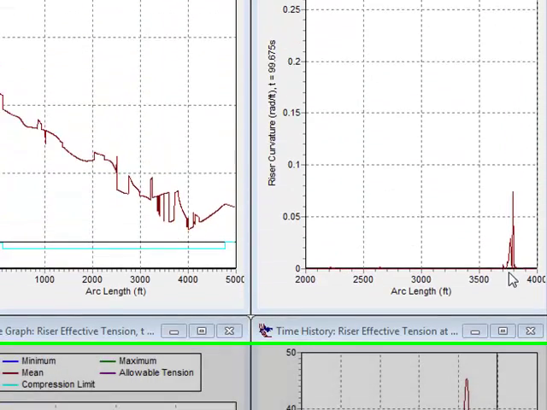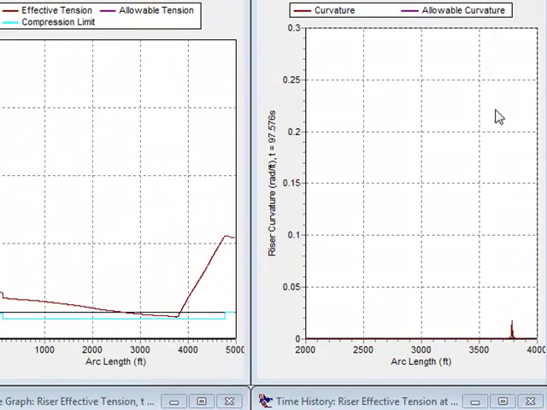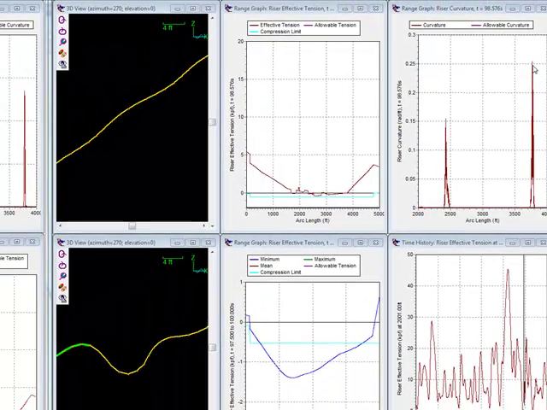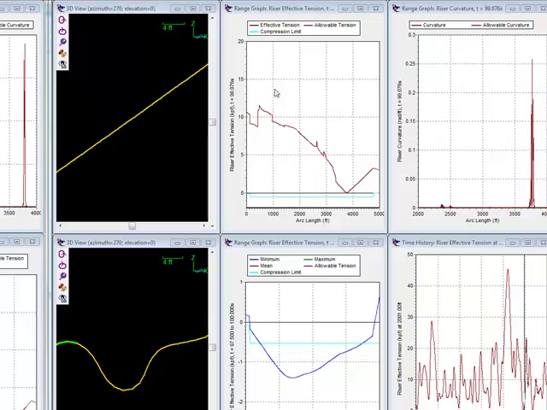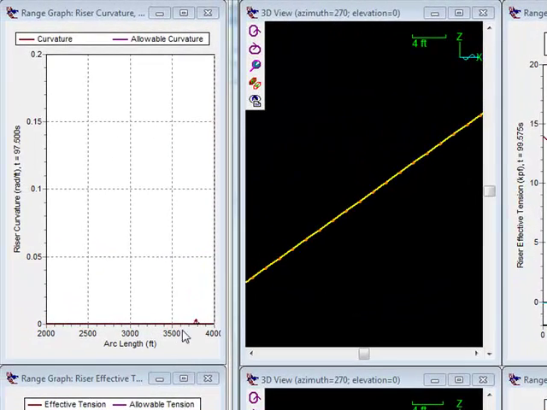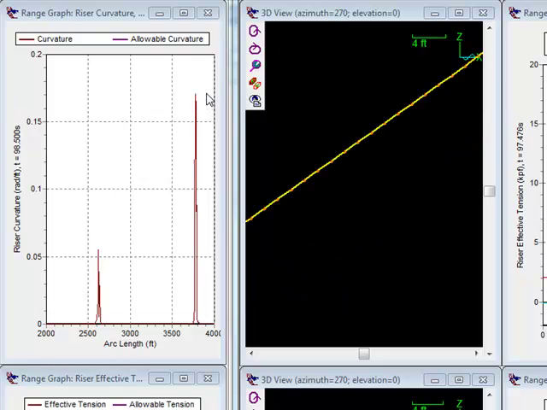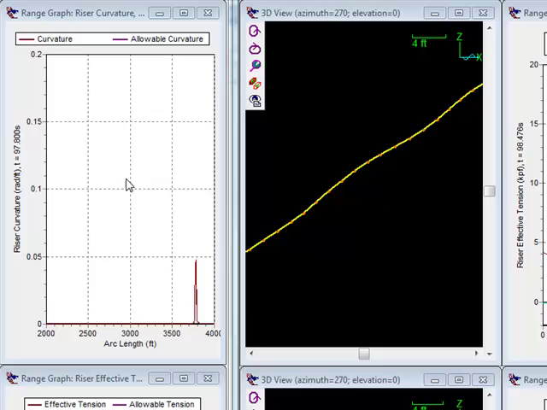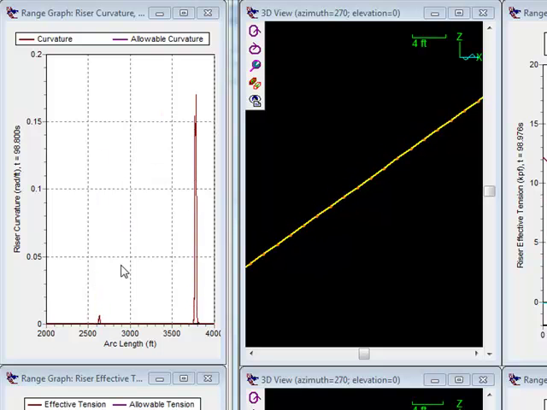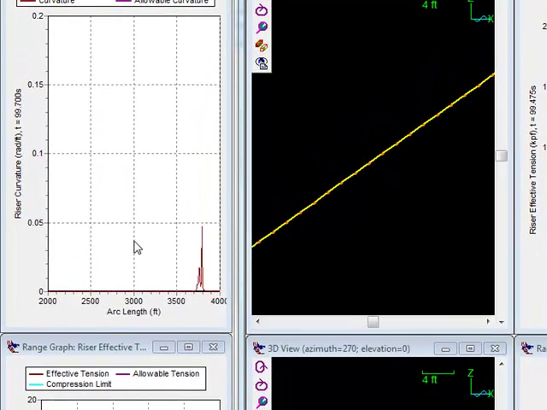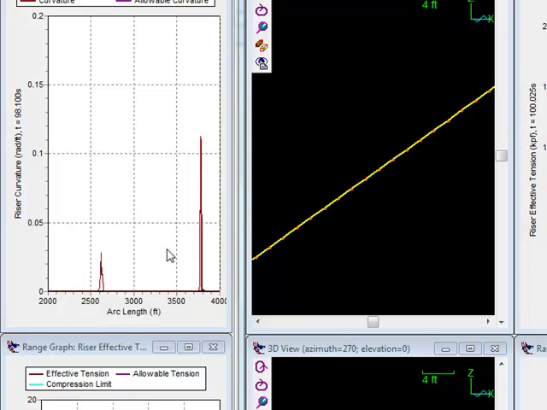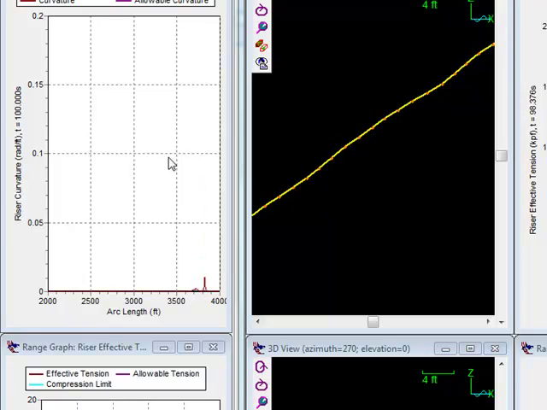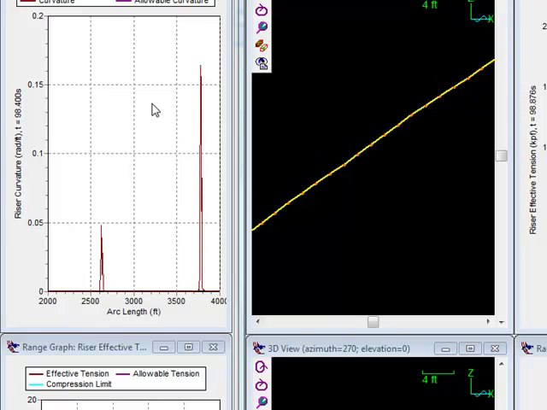Conversely, we see that our curvature with our fine model peaks at about 0.26, whereas in the coarser model it's peaking at around 0.19. Therefore, this curvature in the coarser model is slightly non-conservative and would predict slightly larger values for the minimum bend radii resulting from the curvature.